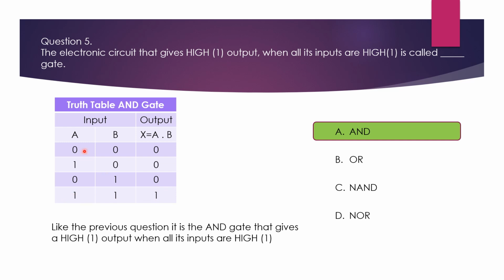If either of them, A or B, is 0, the output is 0. So the electronic circuit that gives high output when all its inputs are high, that means A and B both are high, is the AND gate. Like the previous question, it is the AND gate, which gives a high output when all the inputs are in the high state.